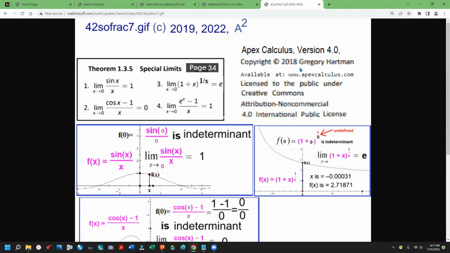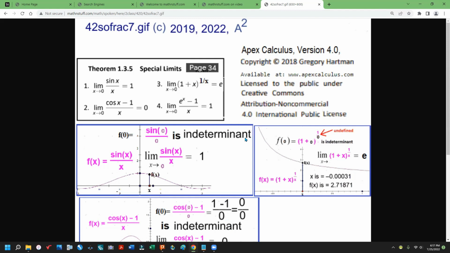The writing team got a grant. It's open source material. You can download it and have your very own PDF calc book. I've taken his special limits and examined them with respect to this idea of indeterminate.